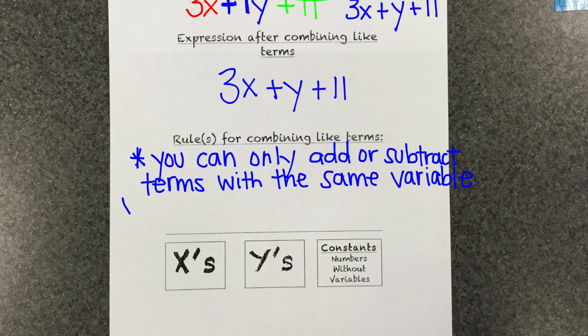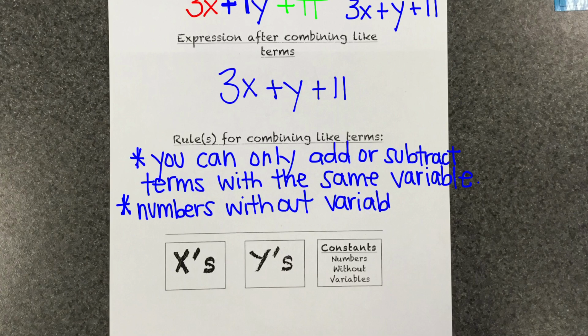Okay, now numbers without variables. What were those called again? Constants. Can only be combined with each other.